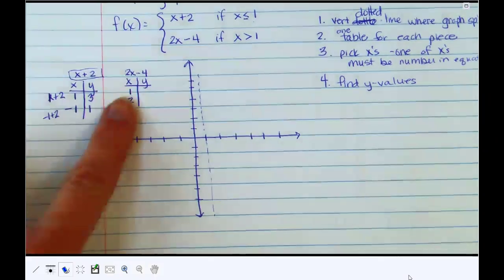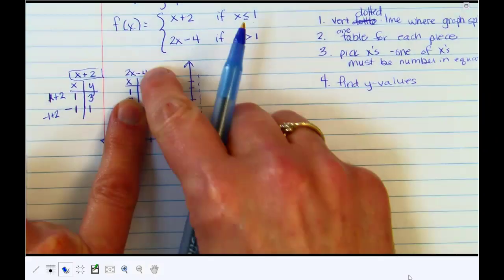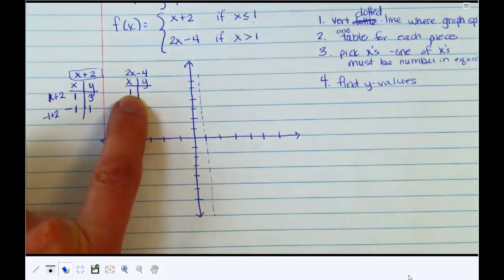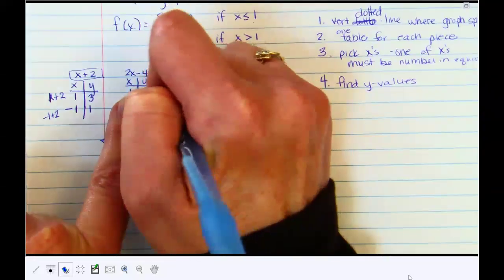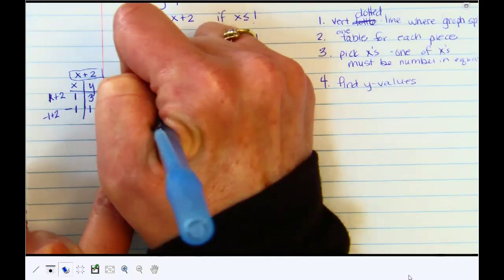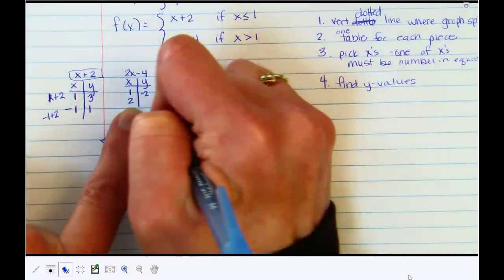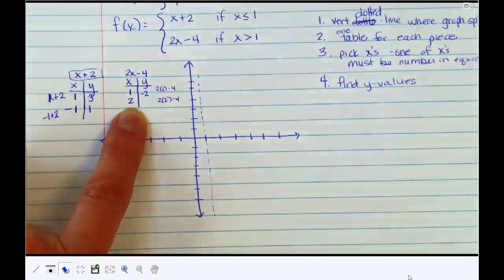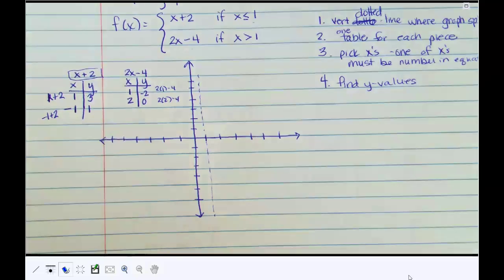Okay. Same thing here. In this equation, if x is 1, it's 2 times 1 minus 4. What is that? Negative 2. And if x is 2, 2 times 2 minus 4, you get 0. Okay. We are almost done.